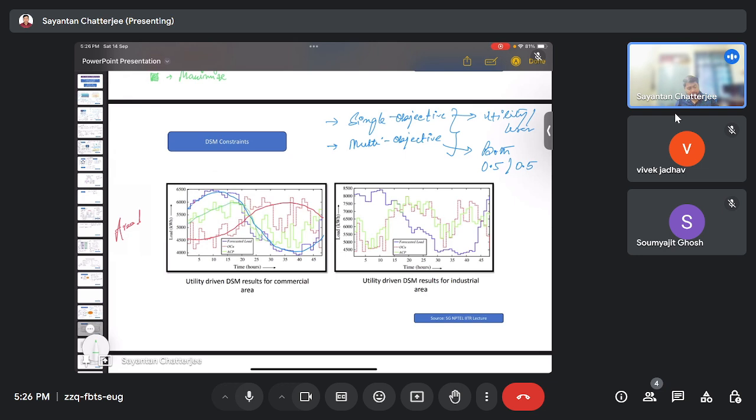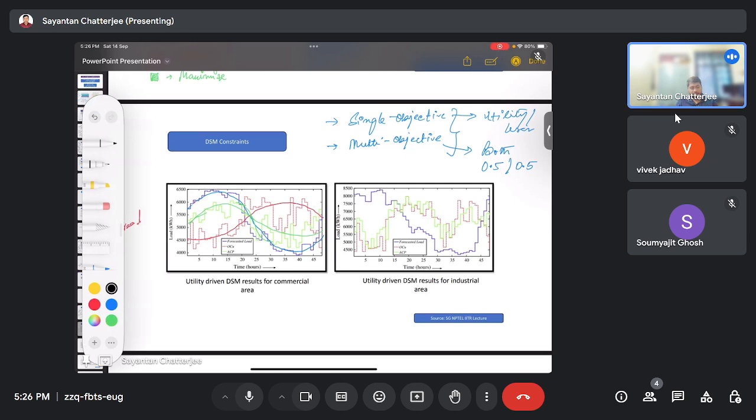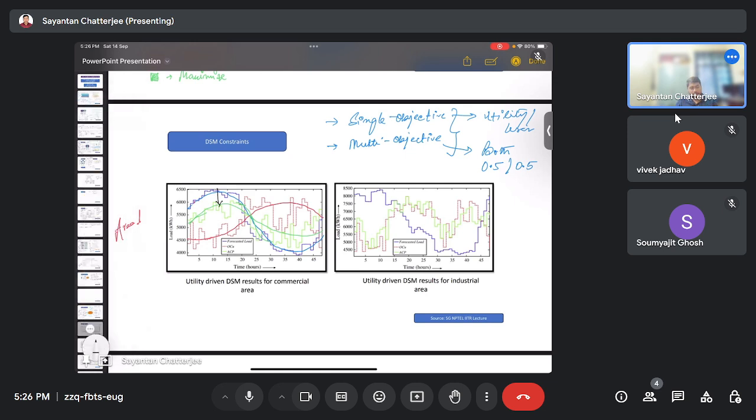Although it has not reached the targeted value, it is enough to reduce the peak. So we can observe that the peak gets reduced by around 500 kilowatt hour.